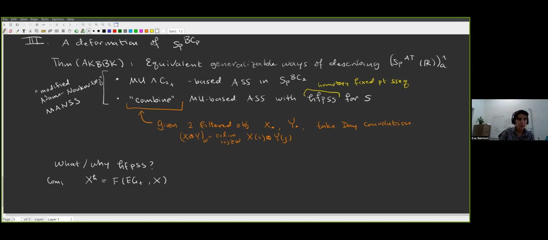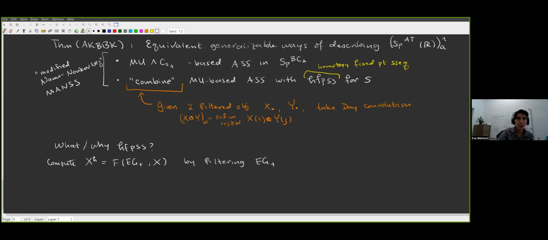You're going to compute this by filtering EG. So for example, there's a bar construction model for EG, and then you can filter it by skeleton. Although in the p equals 2 case, we like the S infinity sigma, so the infinite sphere with the action is contractible and has free action, and we like that as a model, and it turns out to give the same spectral sequence.